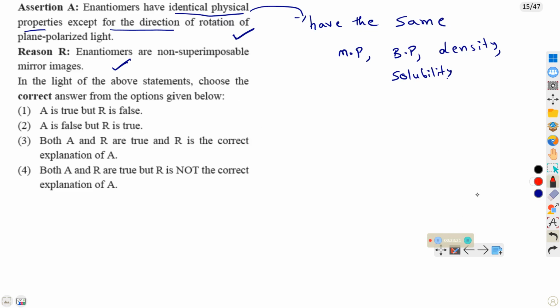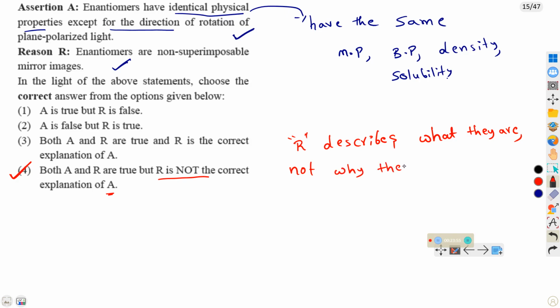So both A and R are true, but R is not the correct explanation of A. Why is this an incorrect explanation? Reason R describes what they are, not why they have identical physical properties.